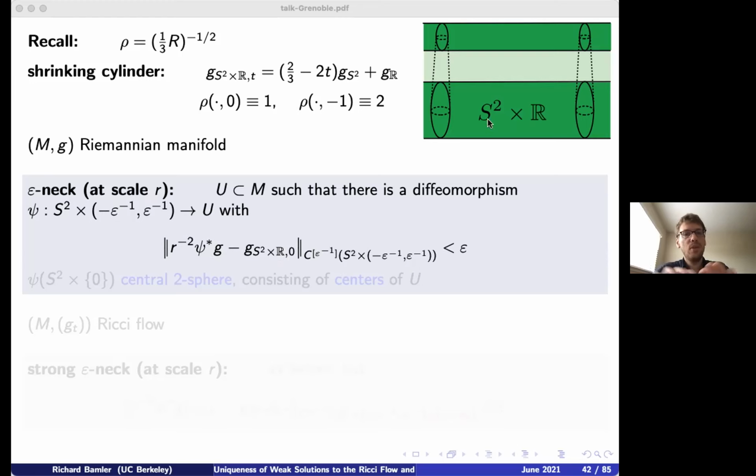So an epsilon neck is just a region in a Riemannian manifold that looks sufficiently close to a cylinder.